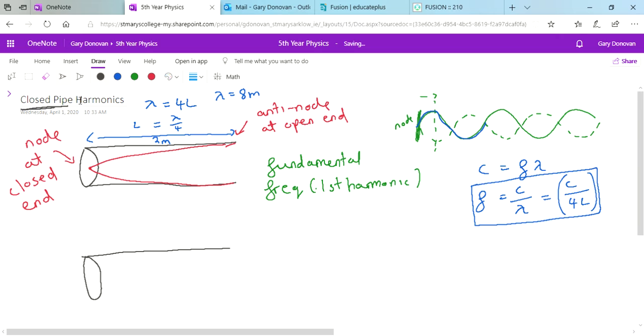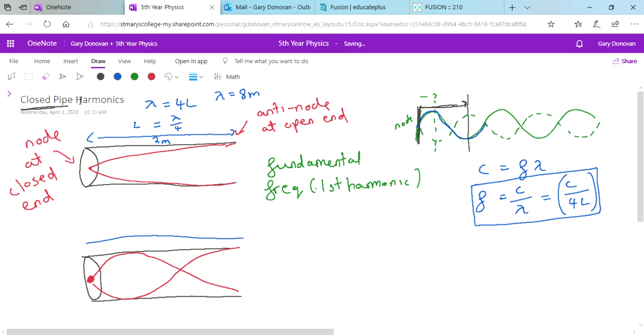Now let's look at the next possible harmonic. We have our pipe closed at one end and open at one end. We're starting with a node, and then we keep going until we get to the next antinode, which is here. So that's our pattern from here to here. Let's draw that in, something like this. Again, we have a node at this end, and an antinode at this end.